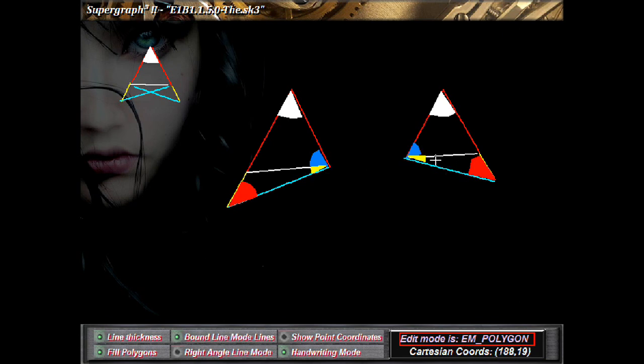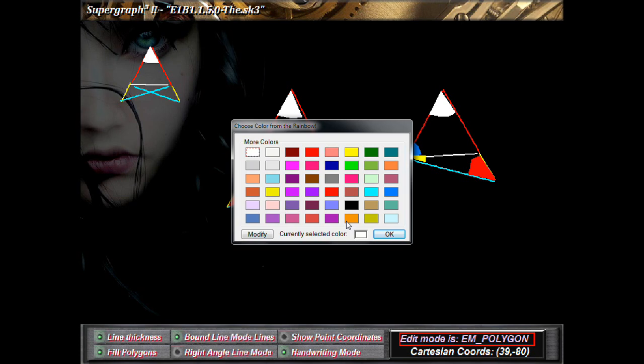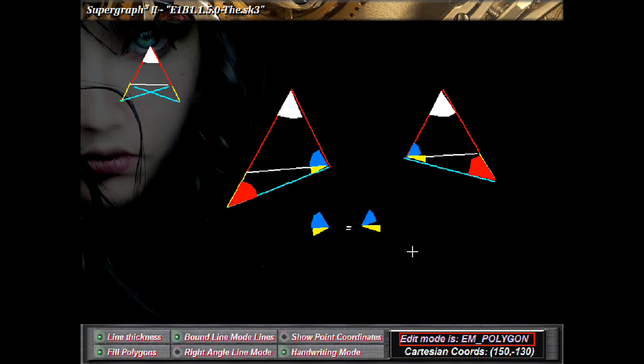Okay, so these are the same. They look the same, but you get the idea. Equals. All right.